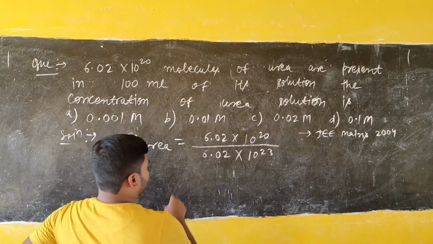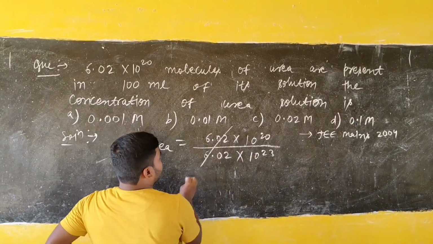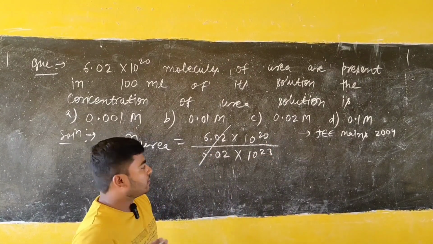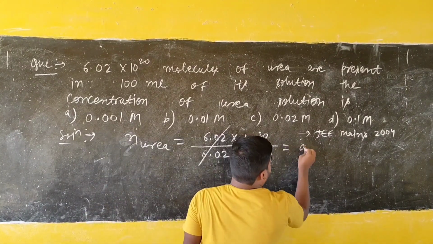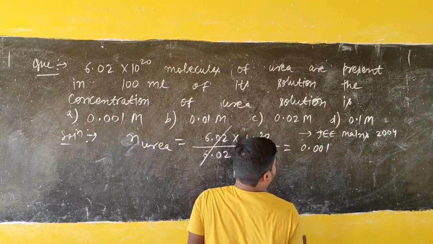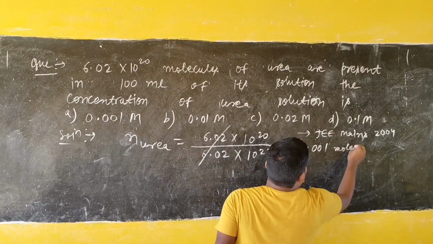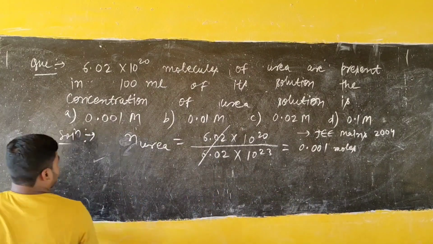This will be the number of moles. This will be cancelled out, and here you will get 1 by 10 to the power 3. So that is nothing but 0.001, and it will be moles, right? So this many moles we have already got.